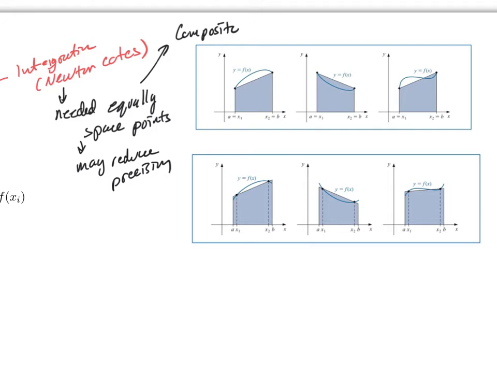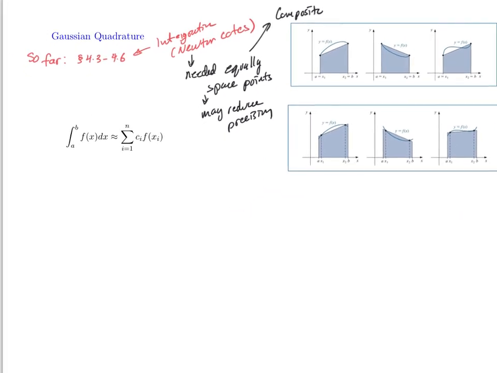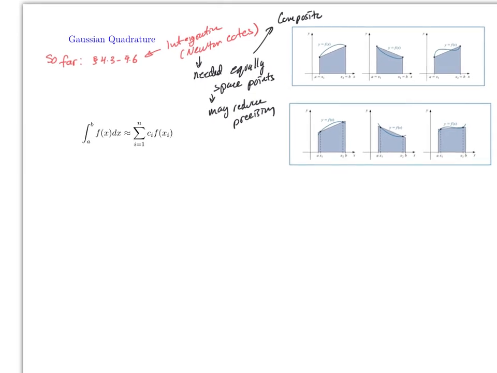Okay, so now the idea of the Gaussian quadratures is that we're not going to rely on equally spaced points anymore, like we did with the Newton-Cotes formulas, and the point is to increase the precision. So remember, we want to be precise, where precision was defined, I think, in section 4.3.